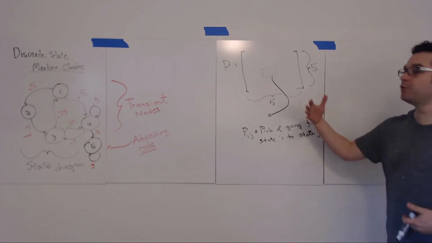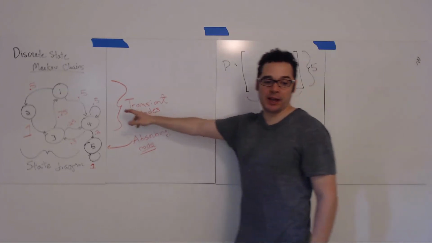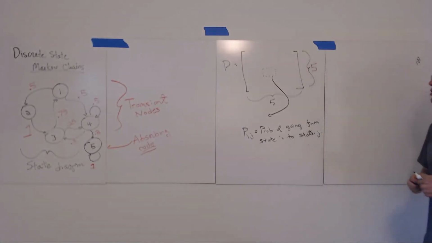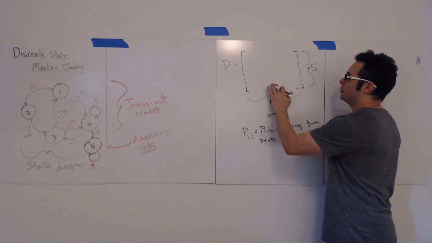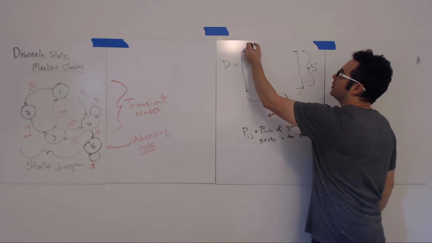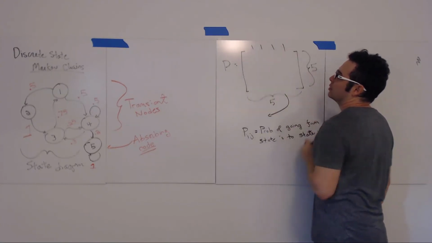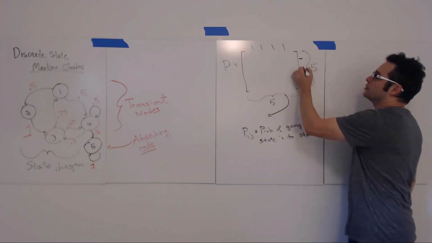So let's actually fill out what this matrix would be for the problem that we have at hand. Right. So in this case, we're going to have 5 columns corresponding to the 5 states and 5 rows.